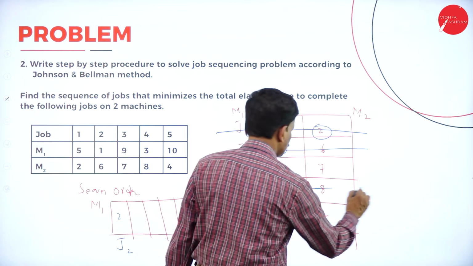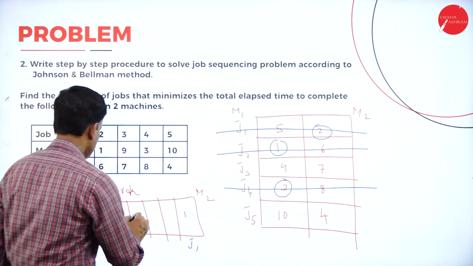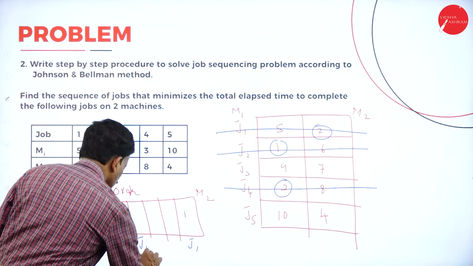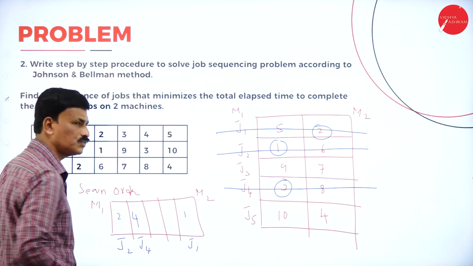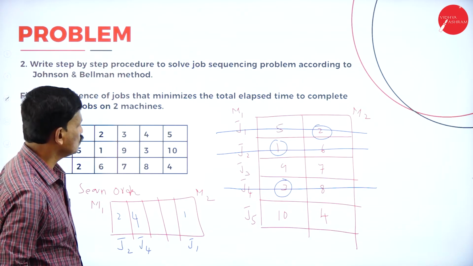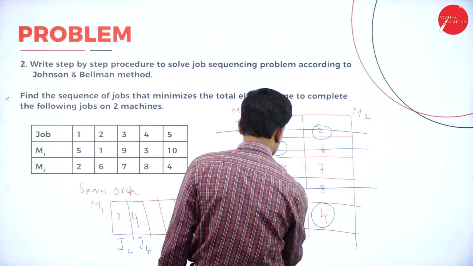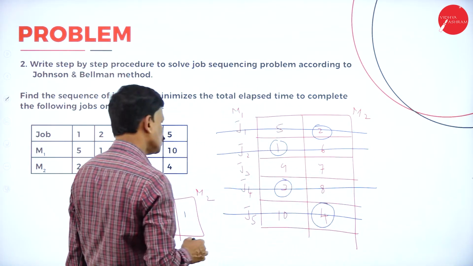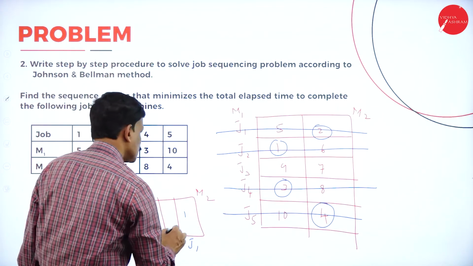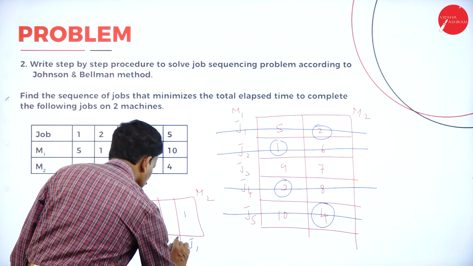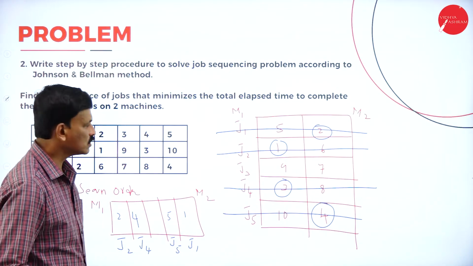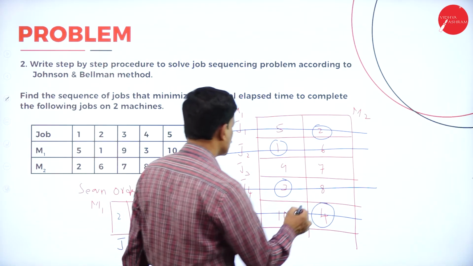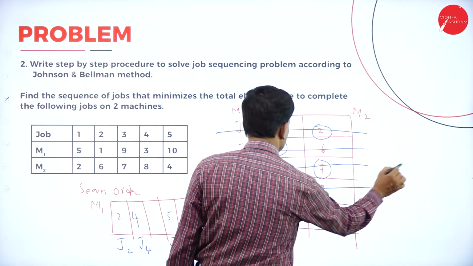So corresponding to J4. That comes in the left. You can write J4 here. Next least value 4. So strike this. This is for machine 2, that is nothing but J5. The last least value is 7 corresponding to J3.